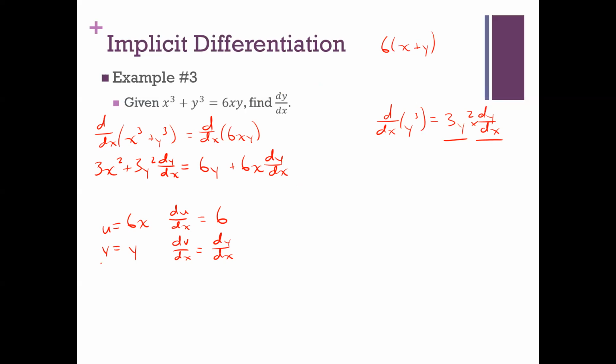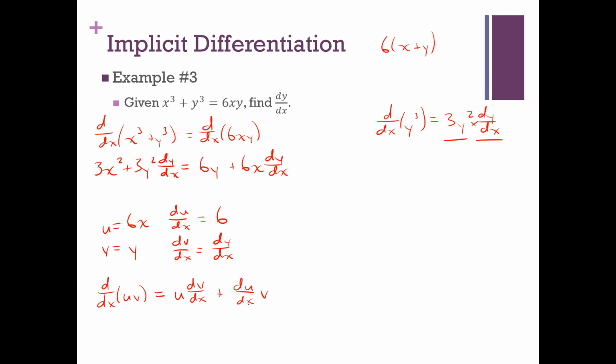Sure. So why don't I just spell out the product rule again? So I'm going to take d dx, the derivative with respect to x of uv. And this is not the way that I showed you the product rule the first time. This is another way you might see it. But it's one function times the derivative of the other, plus the derivative of the first function times the second.